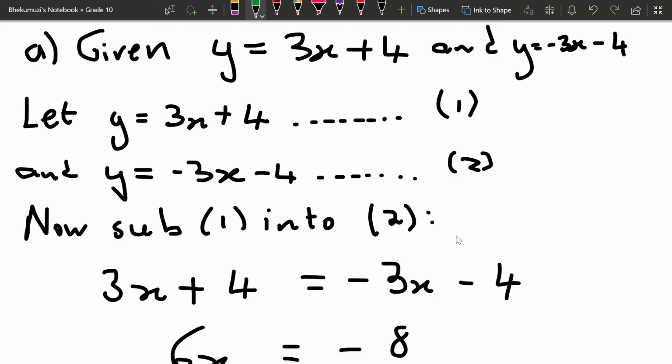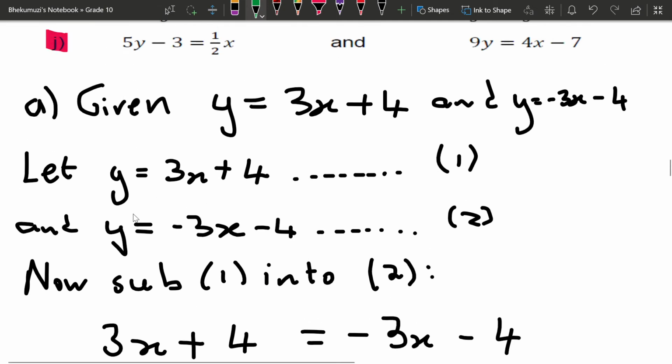Okay, so now we're substituting. So what do I mean by substituting? I am literally taking y, because I already have an equation where the subject is y, which is the first equation. I am going to replace the y in equation 2 with the y in equation 1, which is equal to 3x plus 4.